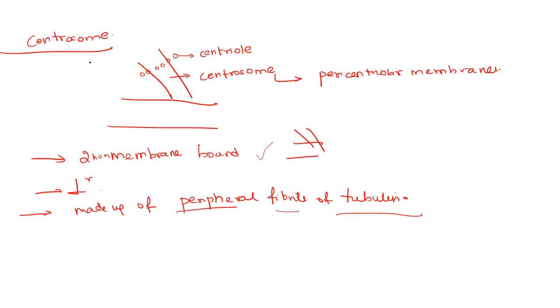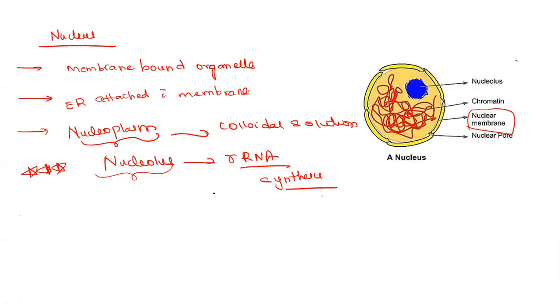Now coming to centrosomes. Centrosomes are non-membrane bound organelles, and we can see centrioles inside the centrosomes. All right, and they are perpendicular to each other, and they are made up of peripheral fibrils of tubulin. Nucleus is of course surrounded by a membrane. It is called the nuclear membrane, and endoplasmic reticulum is attached to this membrane.